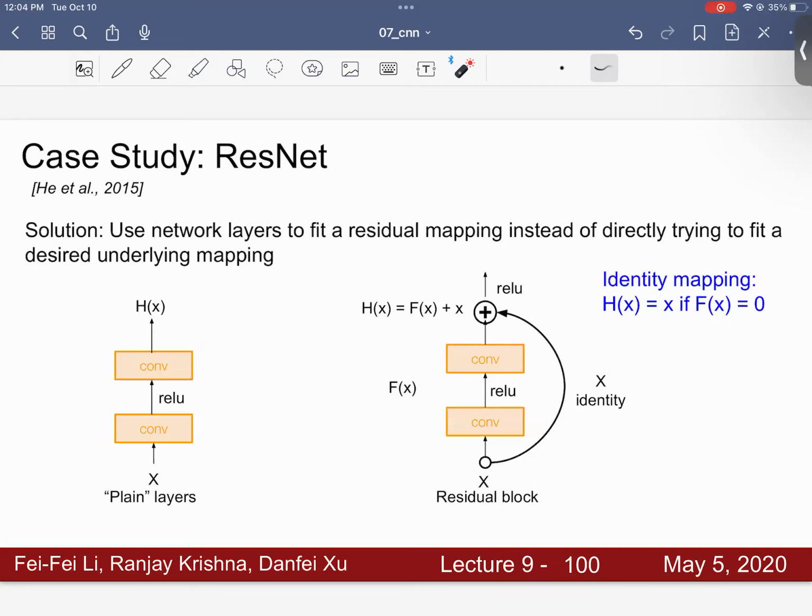But if you have a skip connection, then F(x) just needs to be 0 if x is already good enough. Then H(x) becomes x when F(x) is 0. And this function being 0 is way easier than this function being the identity function. So that's the idea behind skip connection or residual connection.